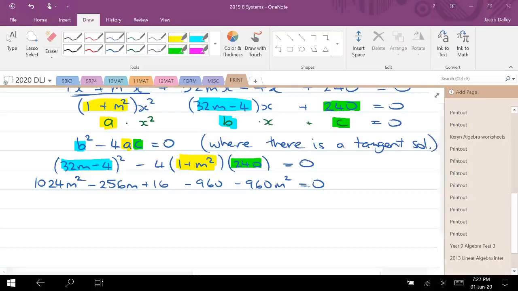Alright, so at this stage what we want to do is collect our like terms. So I'm going to put m squareds together, so negative 960 m squared, and then we've got negative 256.